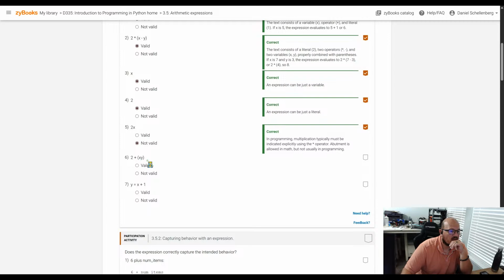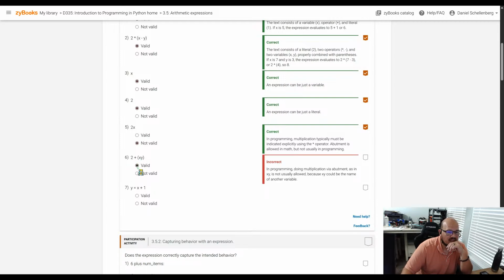2 plus xy. I feel like that is, why not? In programming, abutment is allowed in math, but not usually in programming, and that's what this is doing: it's abutted. But this y equals x plus 1 is valid.